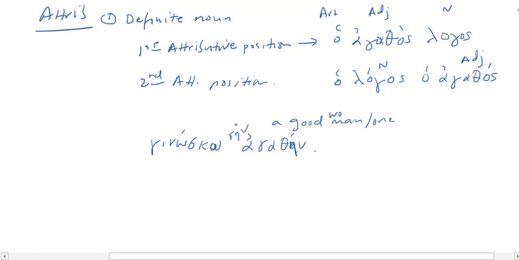Could I have ginosko ten agathen? And how would I translate that? I know the good woman, or the good feminine one. So depending on whether this substantival use of the adjective is definite or not, it could be articular or not. All right?